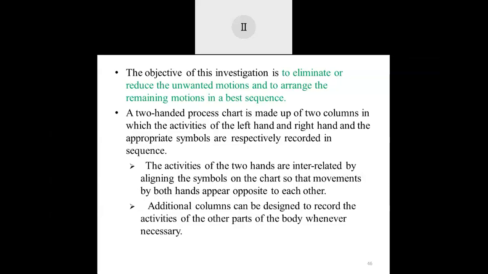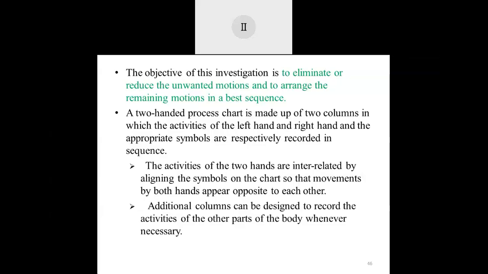Then an additional column can be designed to record the activities of the other parts of the body whenever necessary. Suppose with the hand movement, sometimes other body parts also need to move. Sometimes we need to bend, sometimes we need to tilt our head, sometimes we need to go down and sit, sometimes we need to stand.